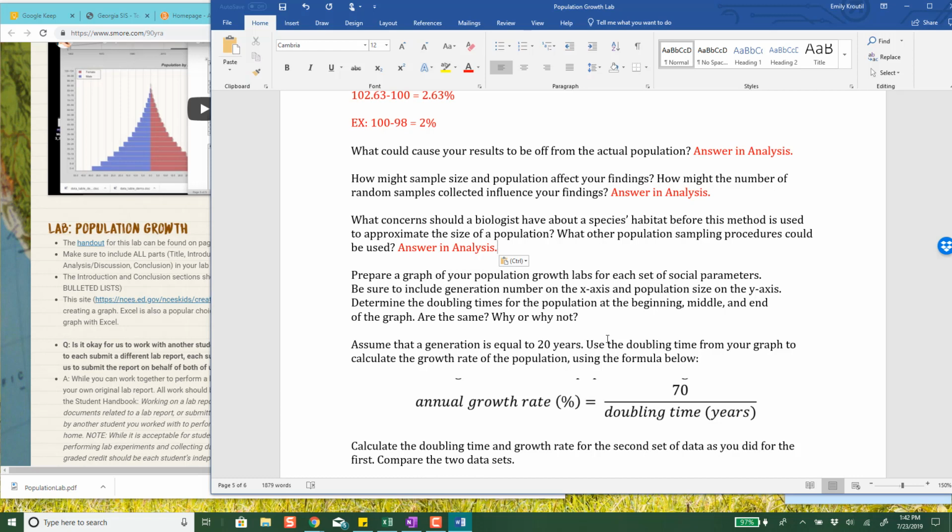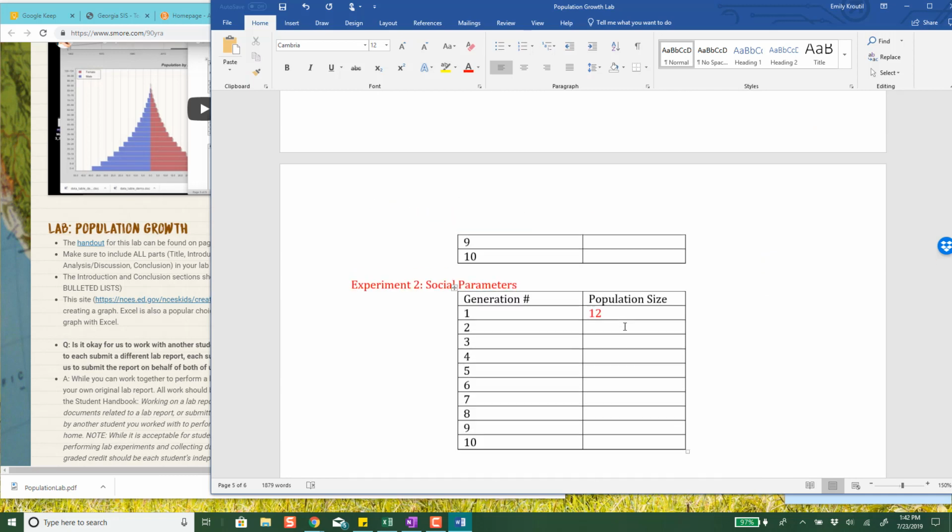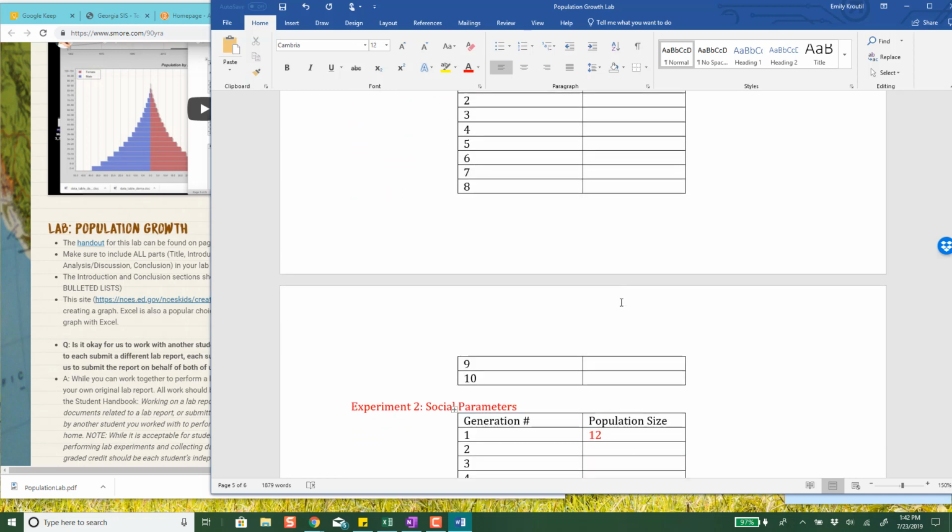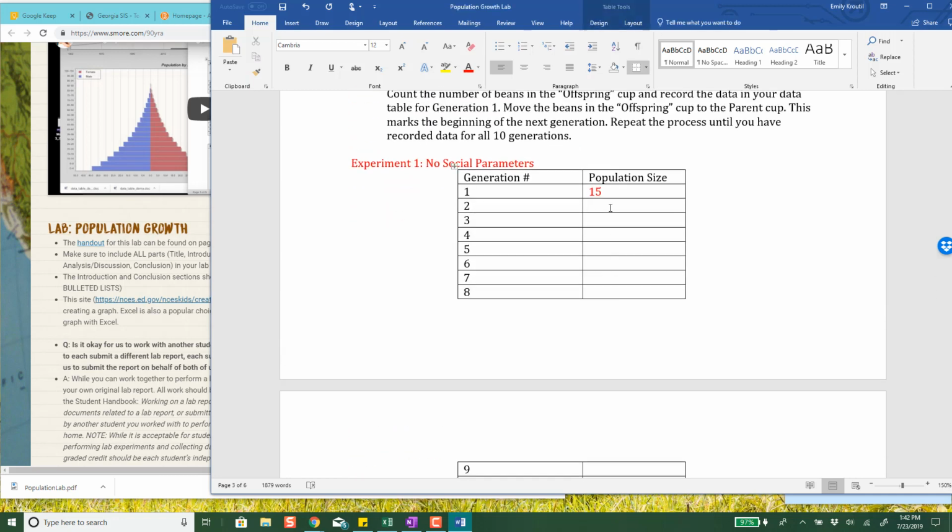Now, we're going to prepare a graph of our population growth for each set of social parameters. We're going to use the generation number on the x-axis and the population size on the y-axis. Okay, so here's what I'm going to do. I'm going to put some fake data in here.